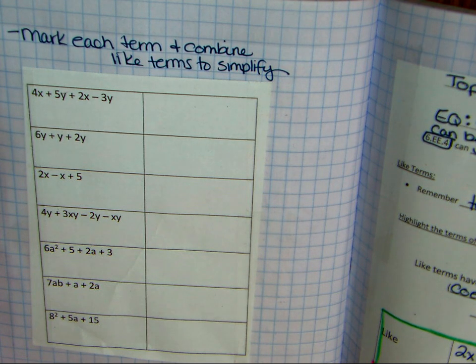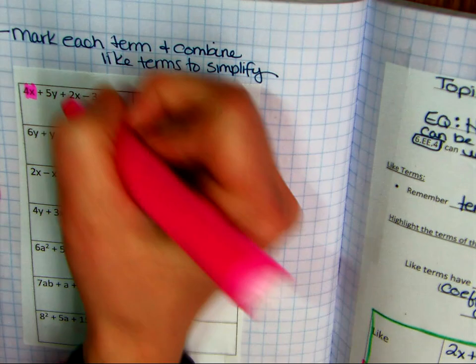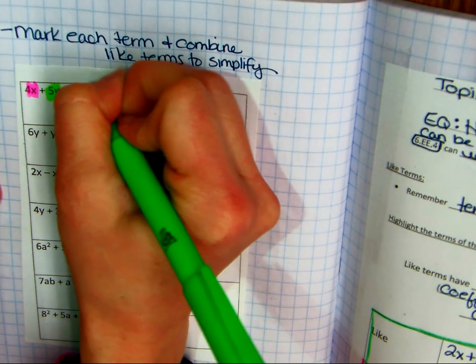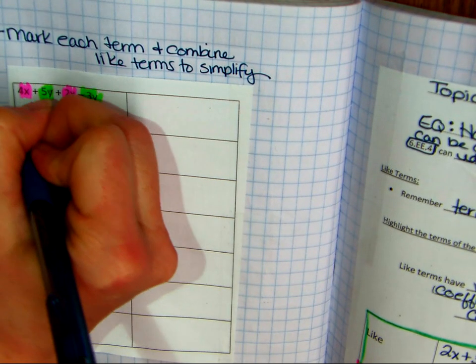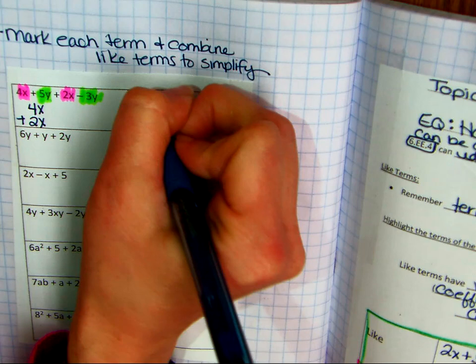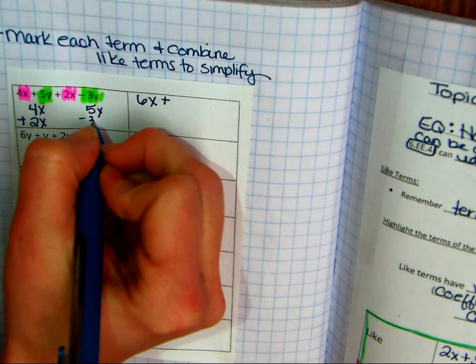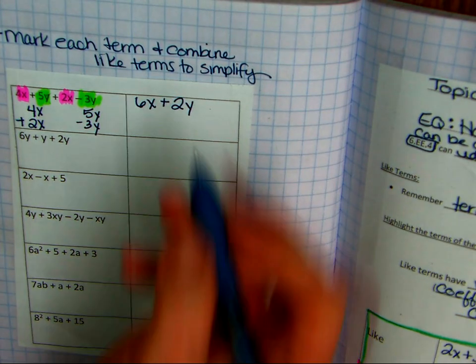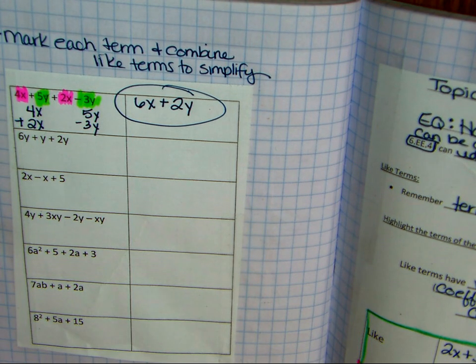So it looks like this. There's an x, there's an x, there's a y, there's a minus y. 4x plus 2x, which is 6x, plus 5y minus 3y would be 2y. There's my answer.